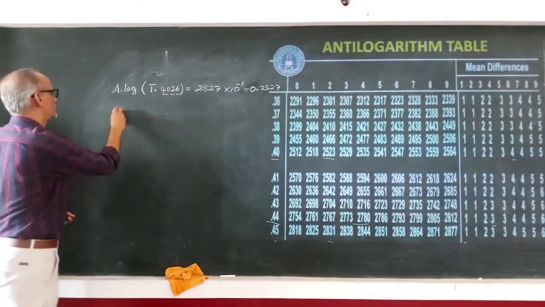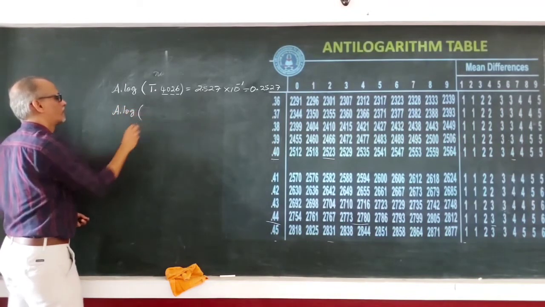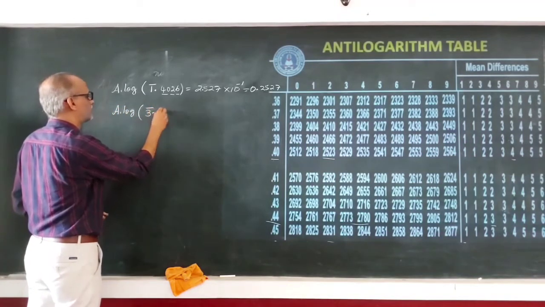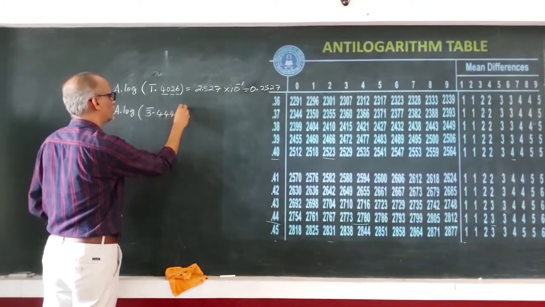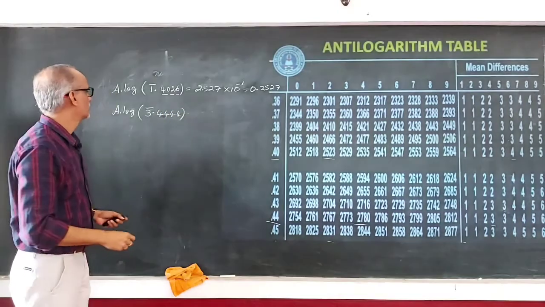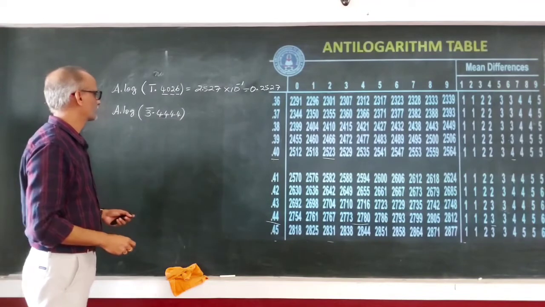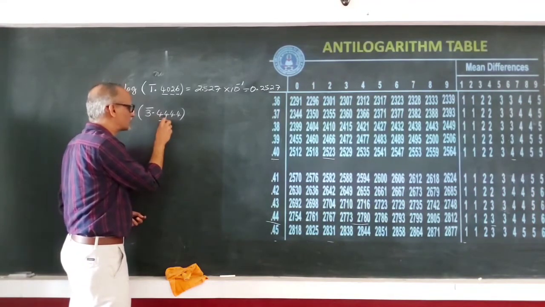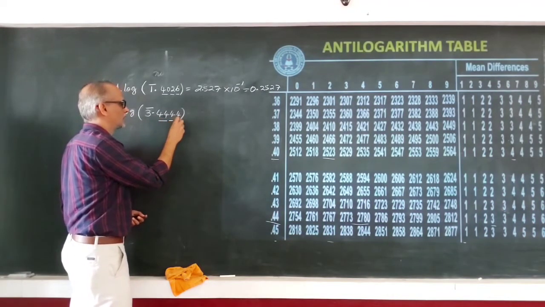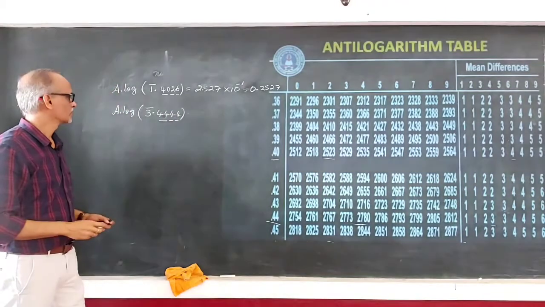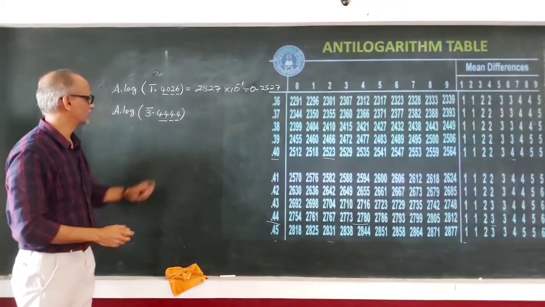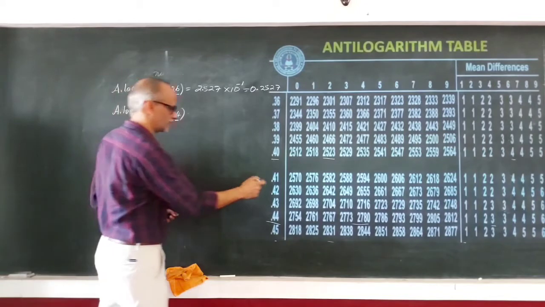I'll give you one more example, the antilog of bar 3, 0.4444. Consider 2 digits first, then a single digit, and then one more digit. So when you consider 4 digits like this, 0.44 is here.